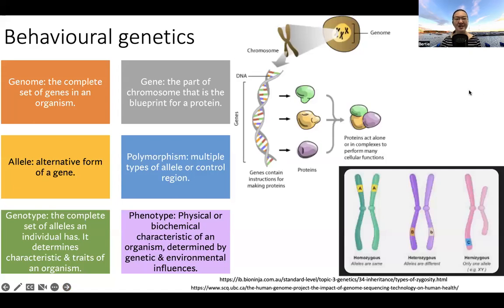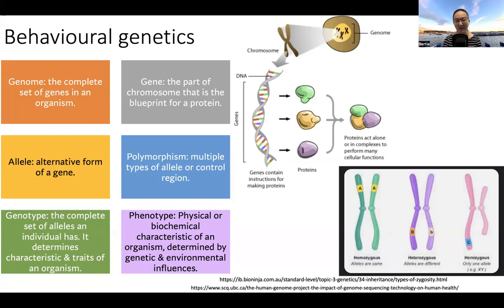Behavioral genetics. Genome. What is genome? It's the complete set of genes in an organism. Gene. A gene is the part of a chromosome that is the blueprint for a protein. Allele. An alternative form of a gene. Polymorphism.